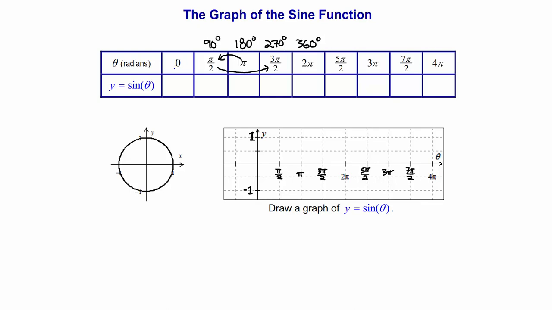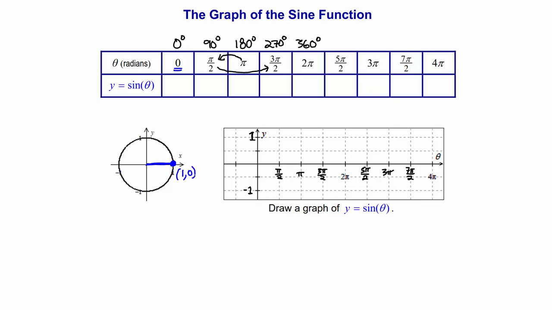So when the angle is 0 radians or 0 degrees, they're the same. We start with our angle in standard position along the positive x-axis, and we don't rotate at all. We rotate 0 radians. So we just land on the point that we point to directly there. It has coordinates 1, 0.